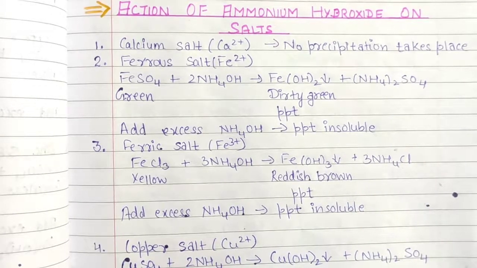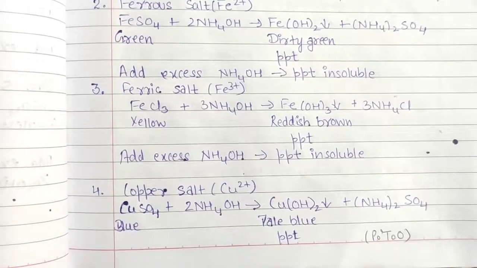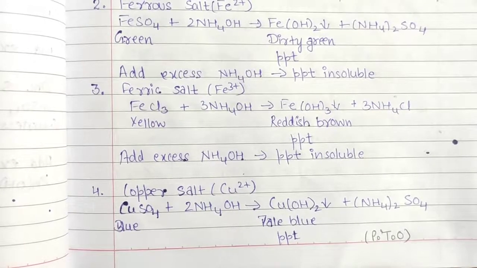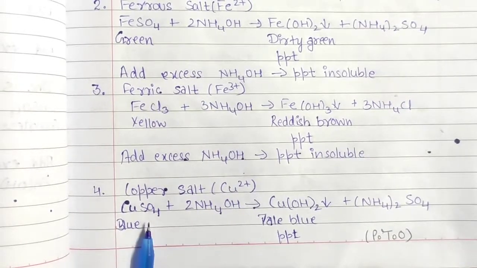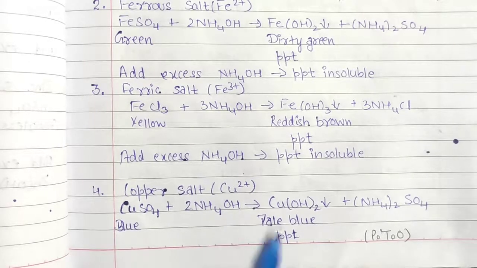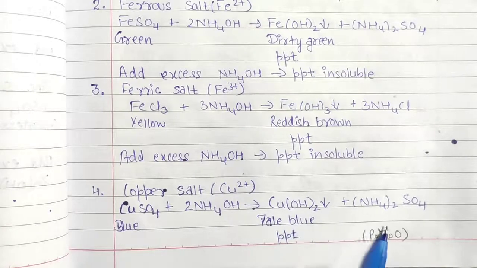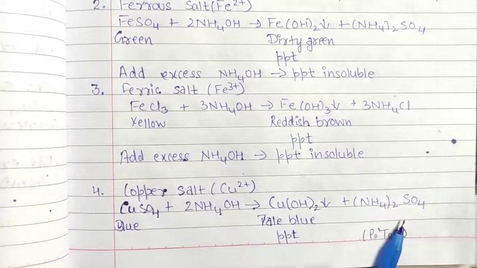Now we will talk about the next salt, which is copper salt, Cu2+. When the blue colored copper sulfate salt reacts with ammonium hydroxide, it will form a pale blue precipitate of copper hydroxide and colorless solution of ammonium sulfate.